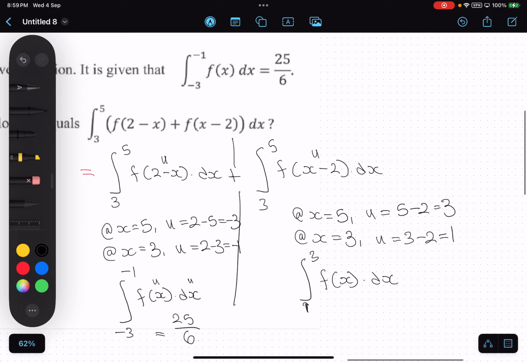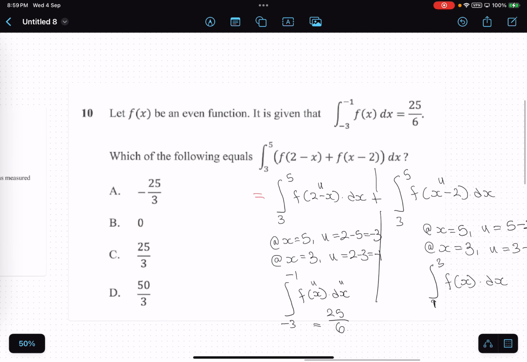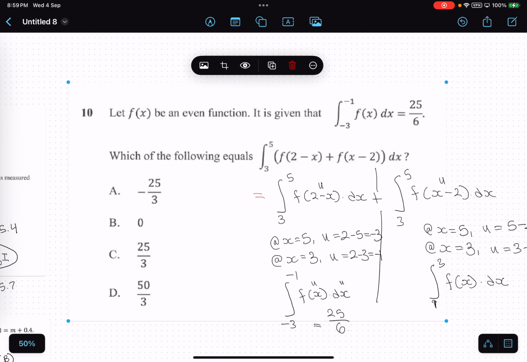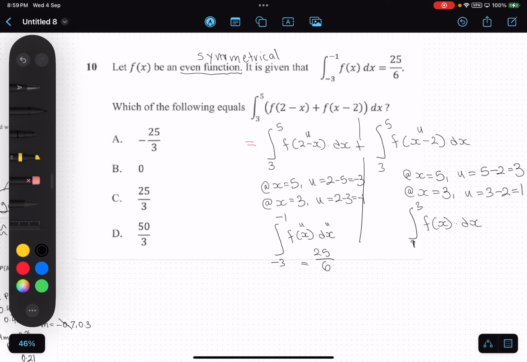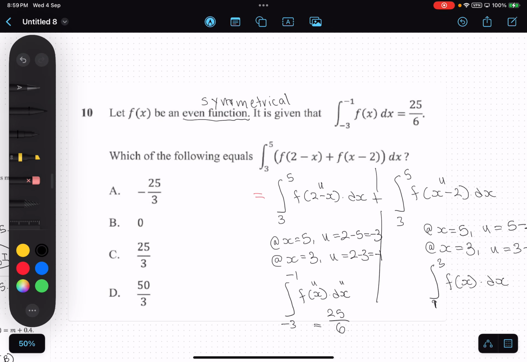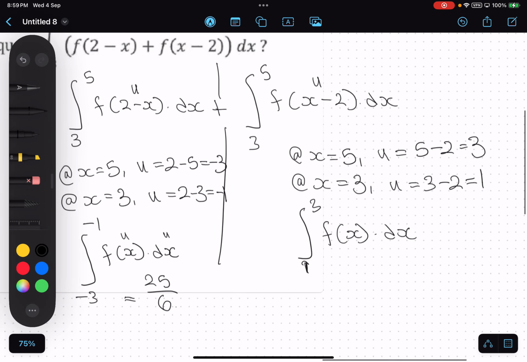You've got to be very careful when you're reading the wording of the question. It says, let f of x be an even function. Even means that the function is symmetrical. This means that the integral on the negative side, from -3 to -1, is going to equal the definite integral from 1 to 3. So that also equals 25 over 6.